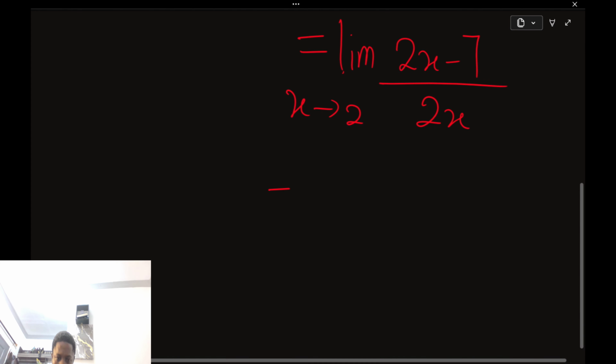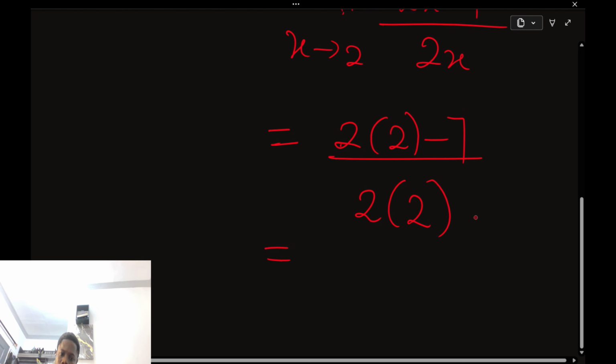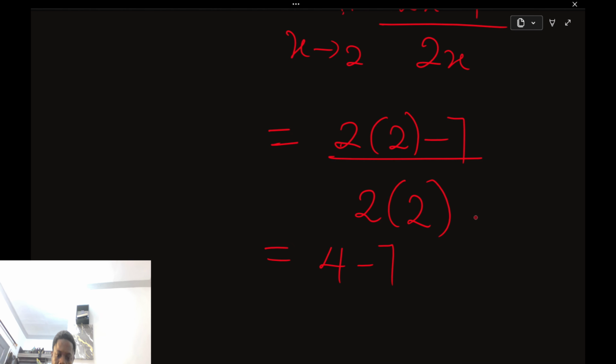So we are going to get (2 times 2, minus 7) all over (2 multiplying 2). So 2 times 2 will give us 4. So we are going to get 4 minus 7 all over 4. And this will give us negative 3 out of 4.